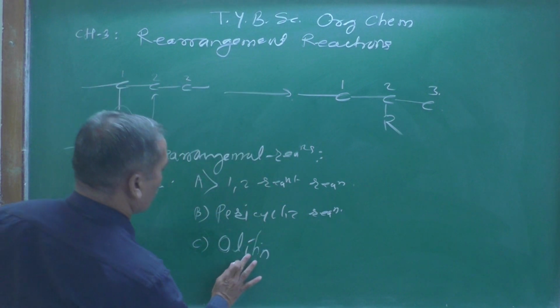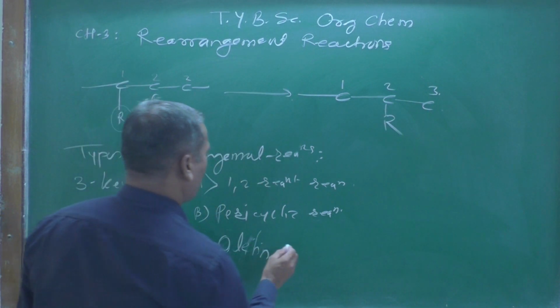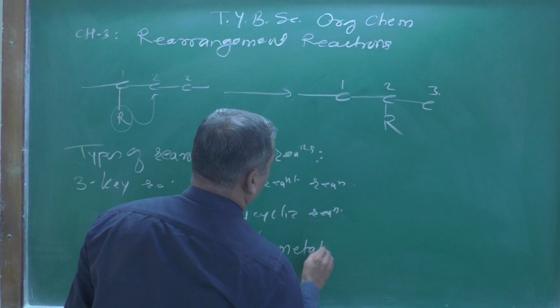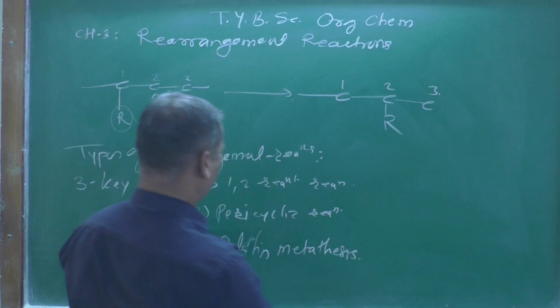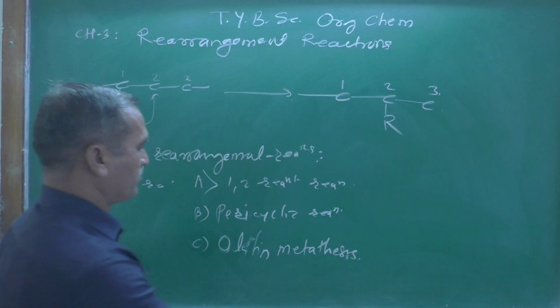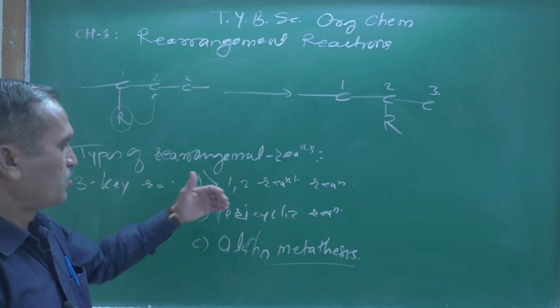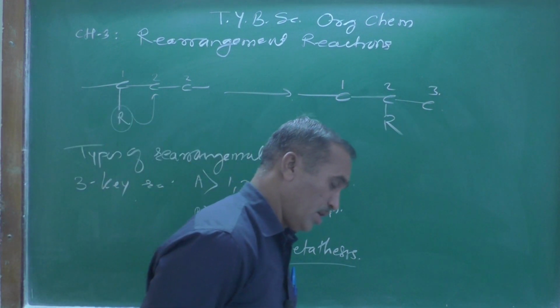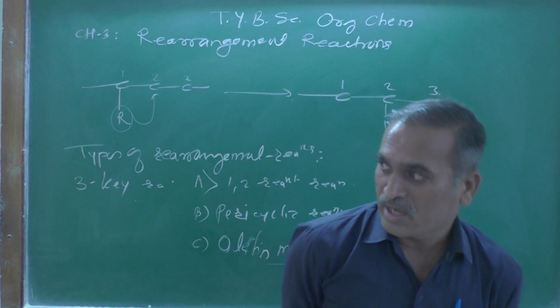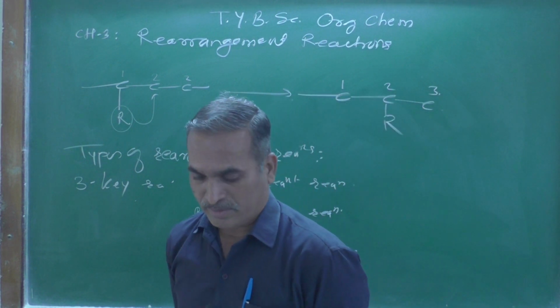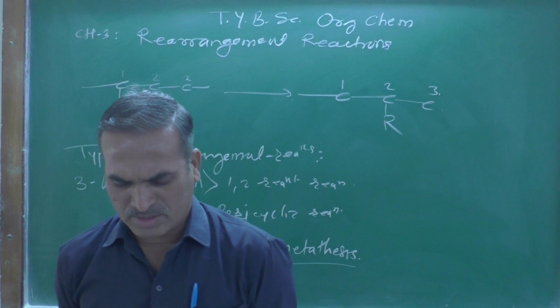Olefin, spelled O-L-E-F-I-N. Olefin metathesis is the third kind of reaction. So these are the three key rearrangement reactions that occur in organic chemistry.